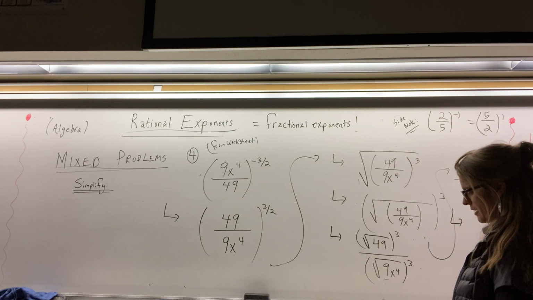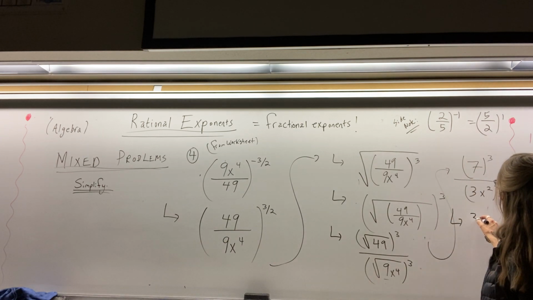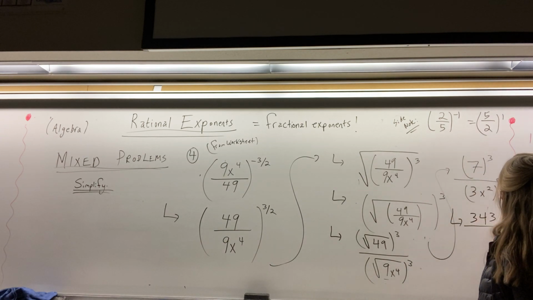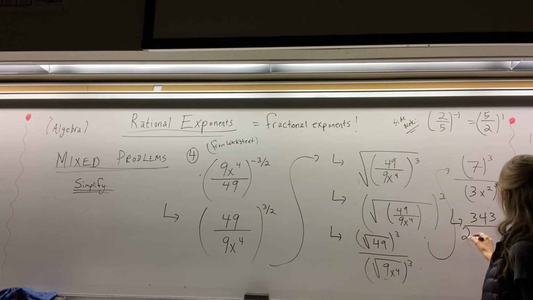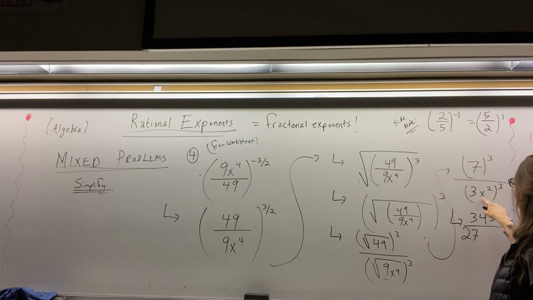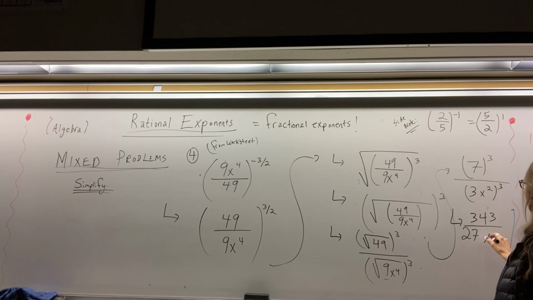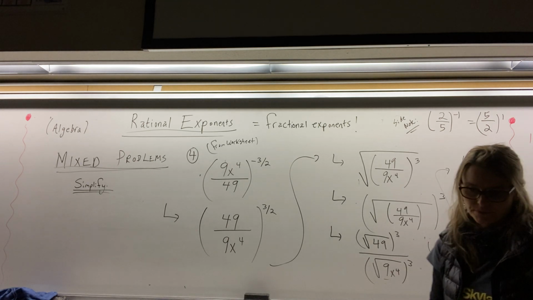So 7 to the 3rd power is 343. And then 3 to the 3rd power is 3 times 3 times 3, so that's 27. And here we apply the power. X squared, the 3rd power, is x to the 2 times 3 power. That becomes x to the 6th power. There we go. And that's our final simplified answer.